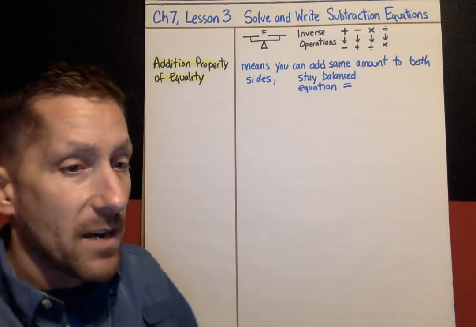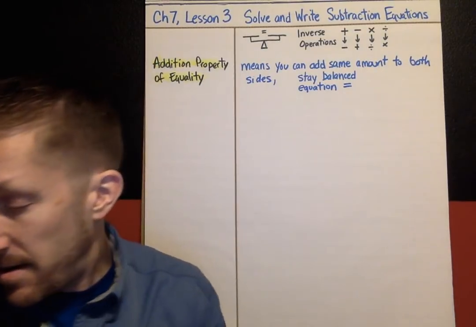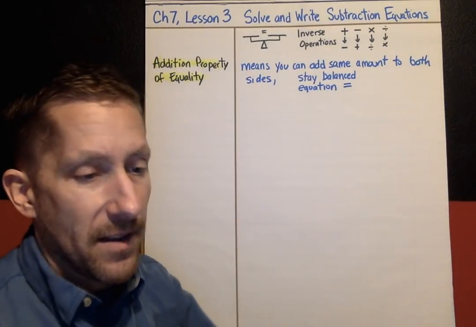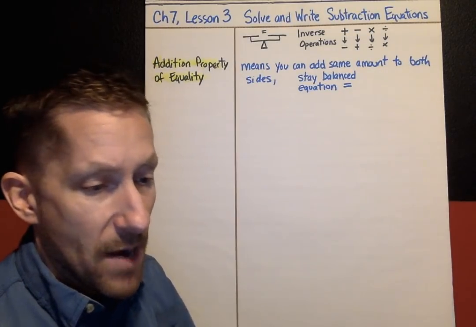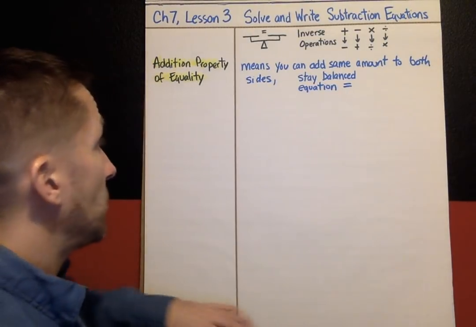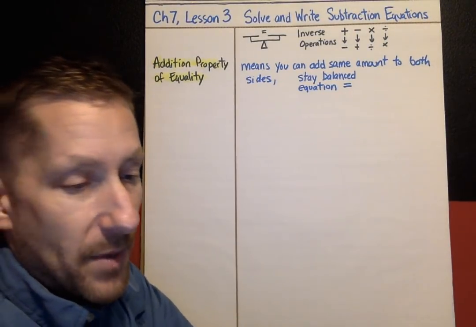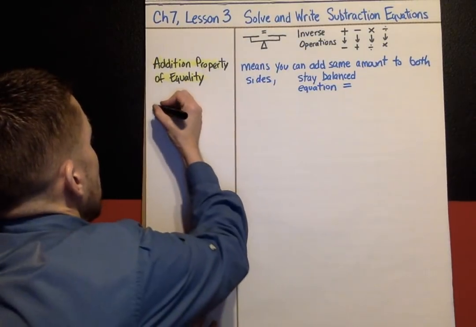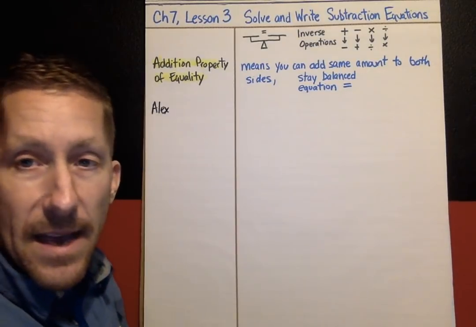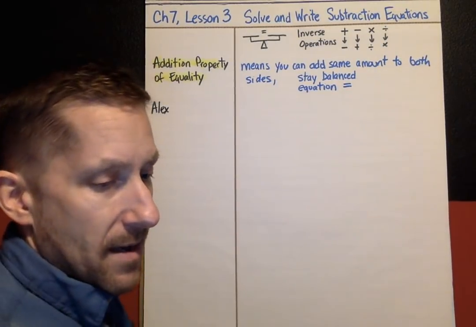Okay, next we're going to talk about writing an equation from a situation, kind of from a story problem. Okay, so here is the situation that we're going to build an equation from. Alex has a bike and he has rollerblades.